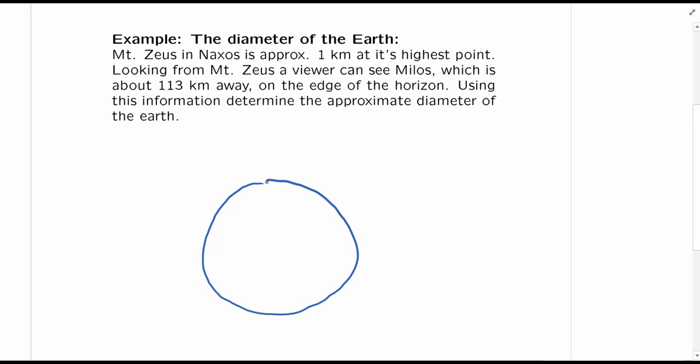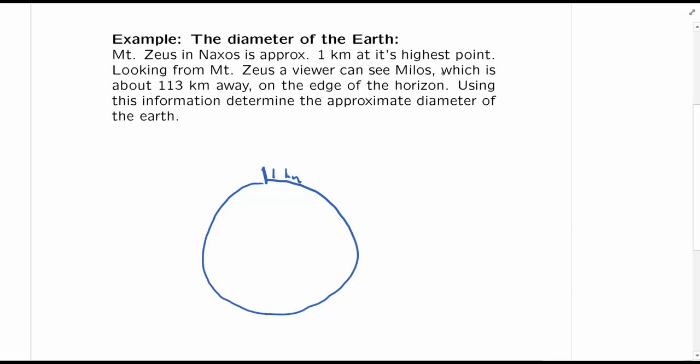So we're going to pretend that our circle here is the Earth, and then this is my little mountain, and I'm going to assume, now this is not drawn to scale, that this distance is 1 kilometer above the rest of the Earth. And so then I want to take this point here and extend it.